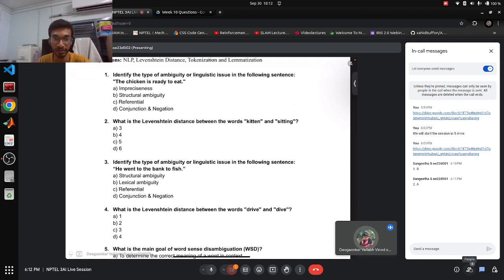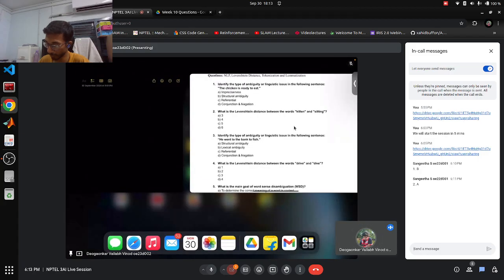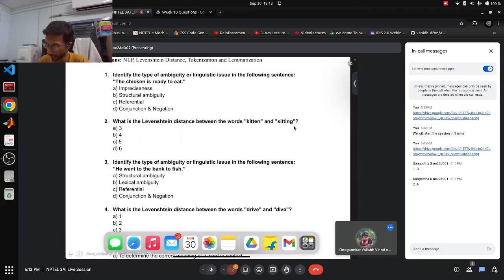In this case, for kitten and sitting, K and S need to be substituted first. I, T and T are all the same. Then E and I need to be substituted, and N is the same, and G needs to be inserted. So the three operations we performed are substitution of K and S, substitution of E and I, and insertion of G.